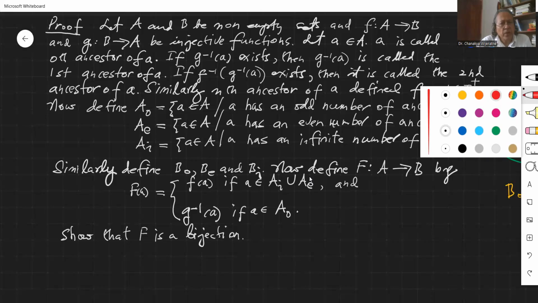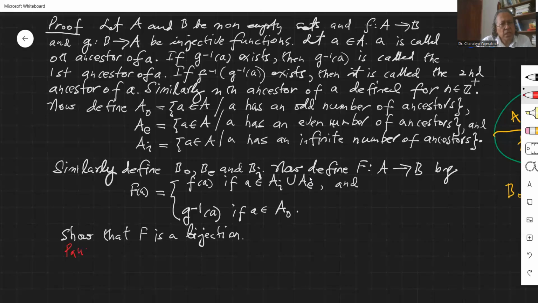Once again, pause, think, and work it out. We'll continue the proof, but before that, I want you to pause, think, and work it out.